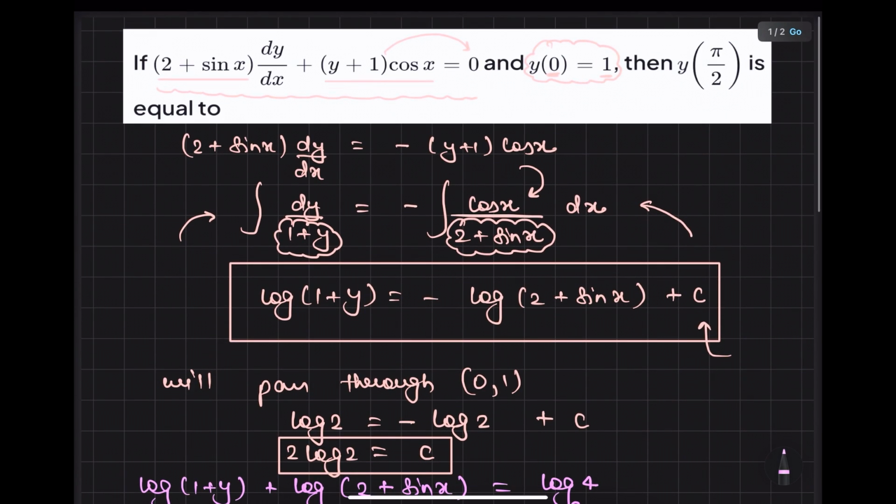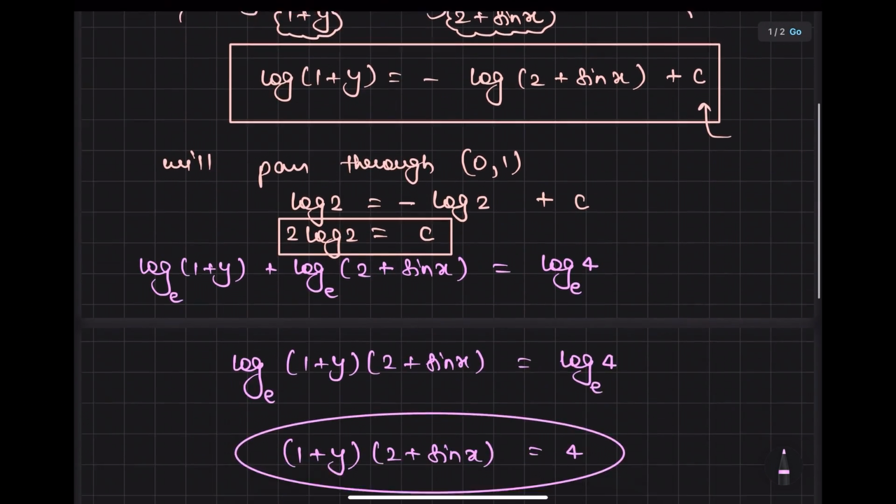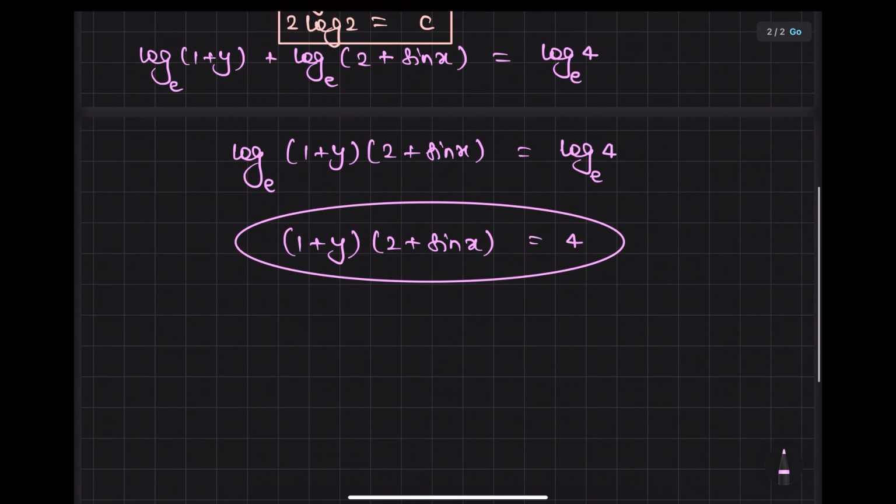Now we have to calculate this. So in place of x, we have to write pi by 2 and find the value of y. So look at here: (1 + y)(2 + sin x). In place of x, write pi by 2. So sin pi by 2 means what? Sin 90 is 1. So it will become 2 plus 1, 3.